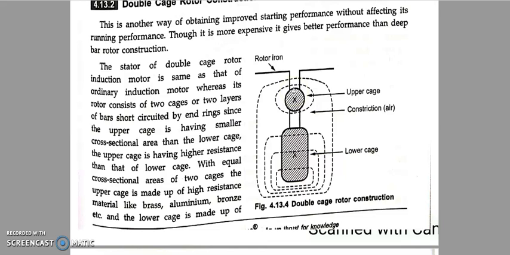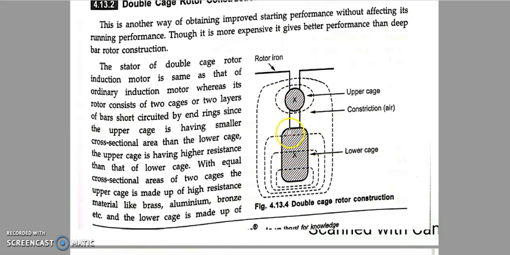So finally, if I apply the resistance formula for the upper cage, R is inversely proportional to A. Here the area of cross section is less, so the resistance offered by this upper cage is high. Here the area of cross section is a little bit more, so the resistance offered by the lower cage will be less. So this will provide higher starting torque and this will provide lesser starting torque.